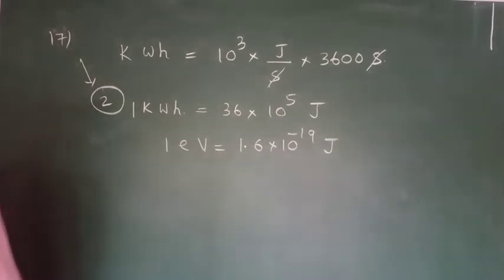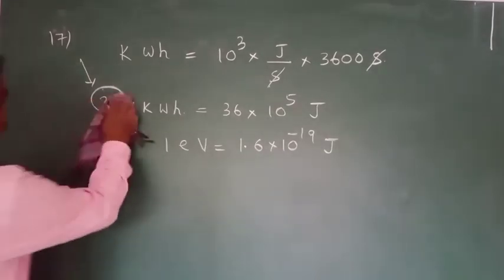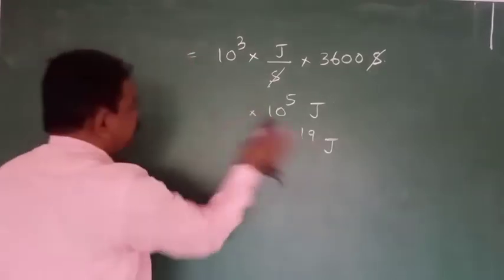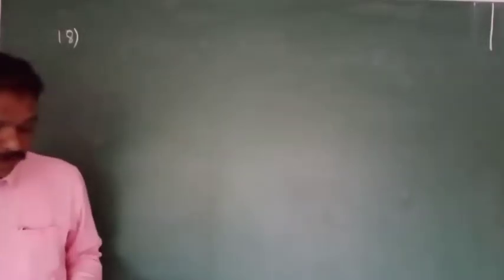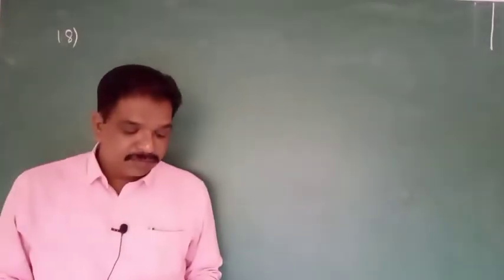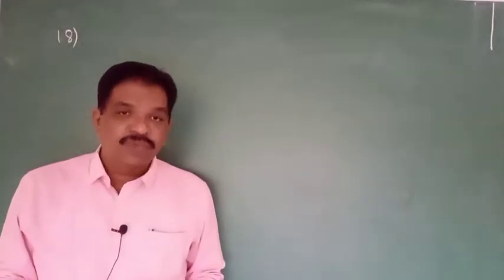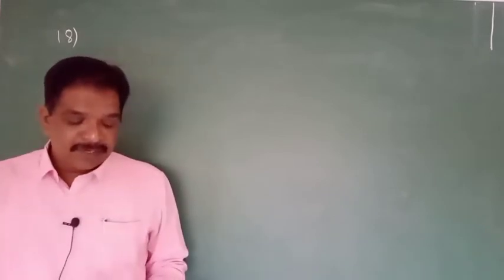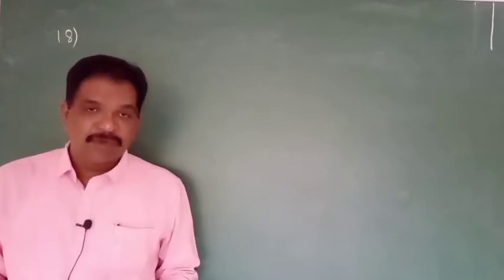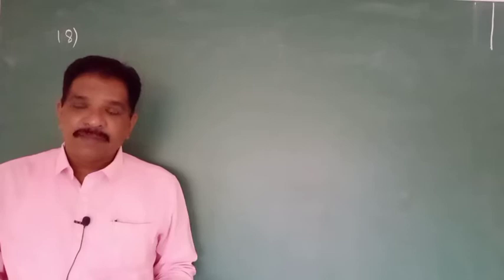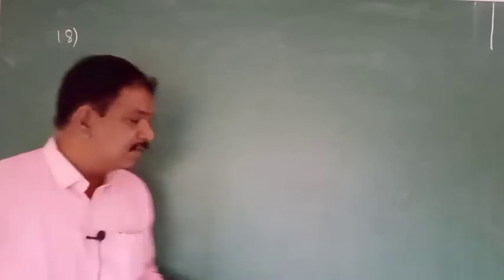Clear? Next, 18th, you see. What are they giving? The dimensional formula L square T power minus 2 stands for which physical quantity? Already madam told all the dimensional formulas. Once again you check.